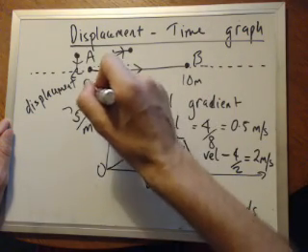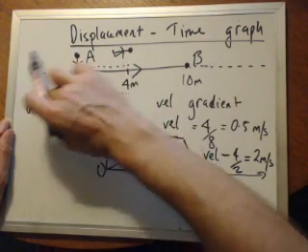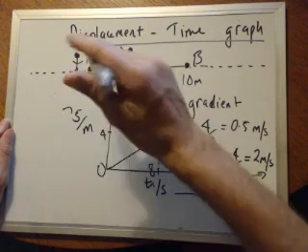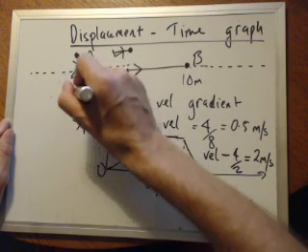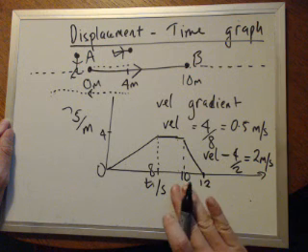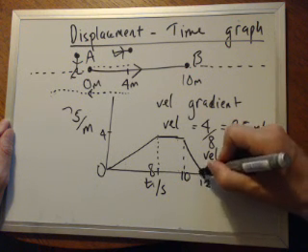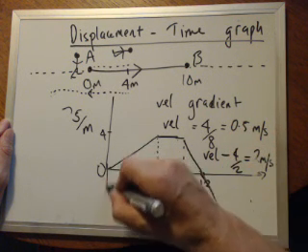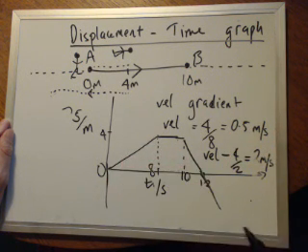Now, if he's so excited to be home, he could miss home and carry on going past home. So we could extend this down from there, and we actually get negative displacement.